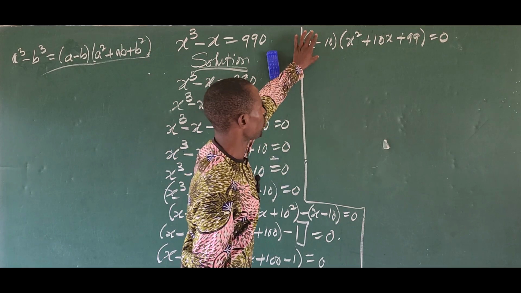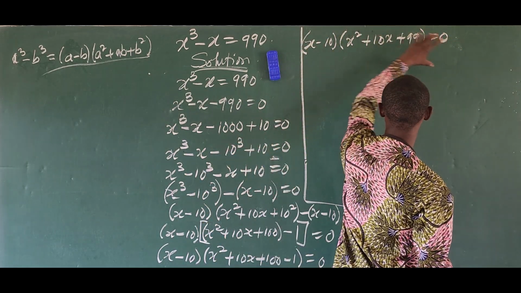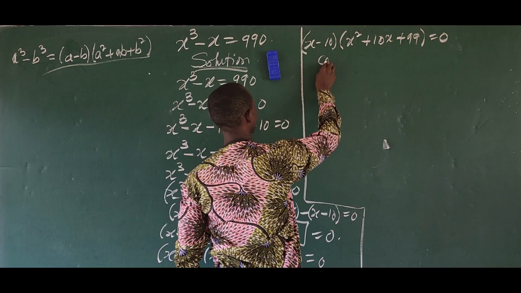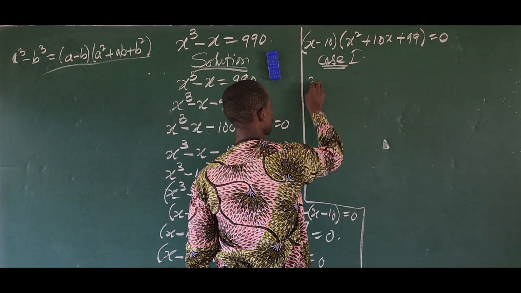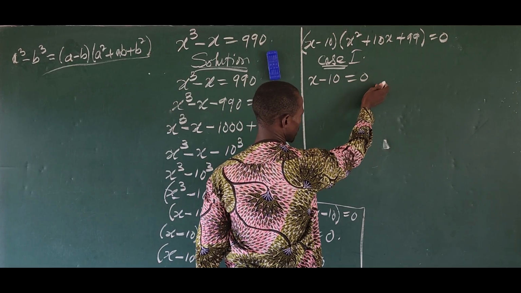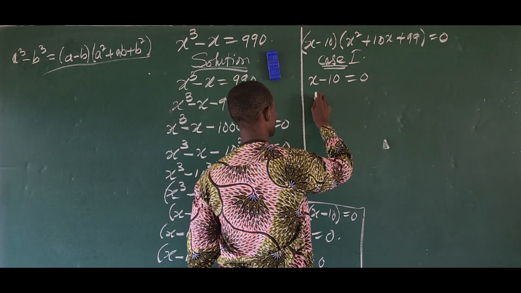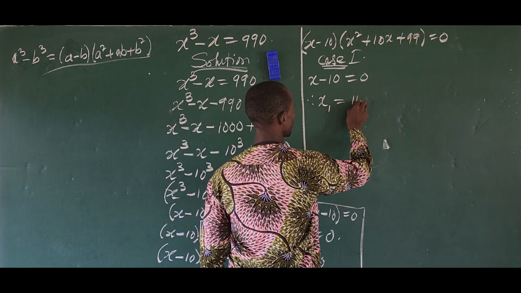So if we consider that property, we're going to equate this to 0, and we're going to equate this to 0. And so we're going to have the first case scenario. So let's take this as our case 1. In case 1, we have x minus 10 equal to 0. Move this to this side of the equation, right? So we're going to have this. Therefore, our x1 is equal to 10.